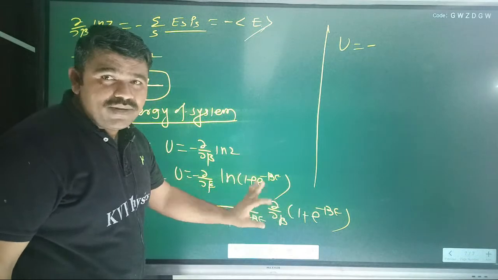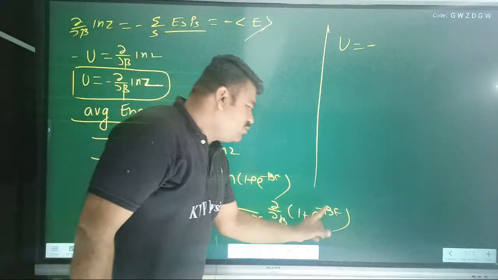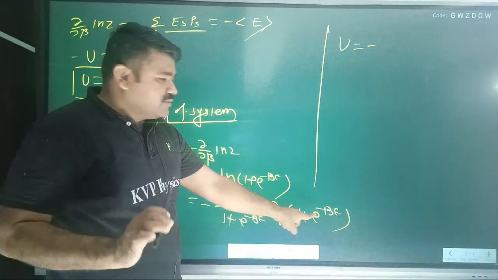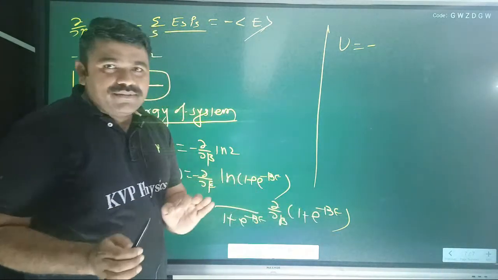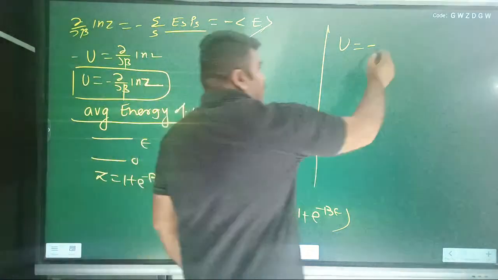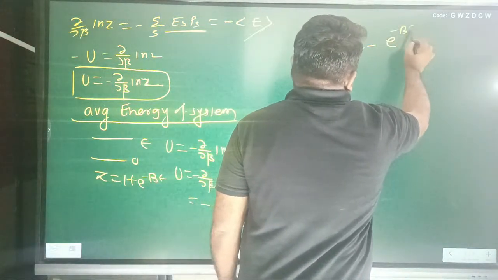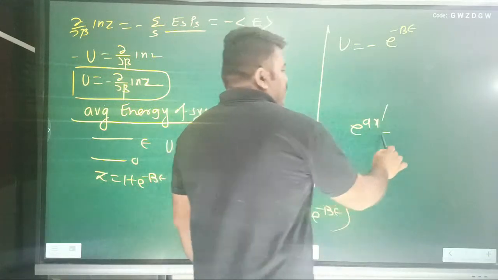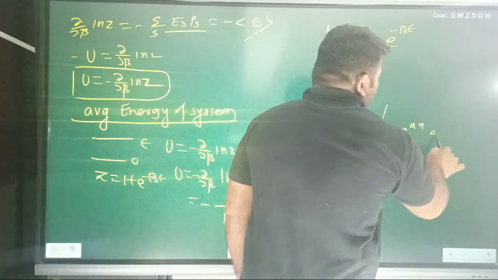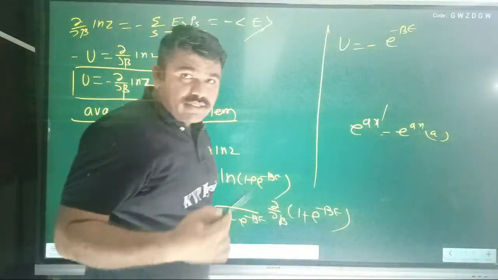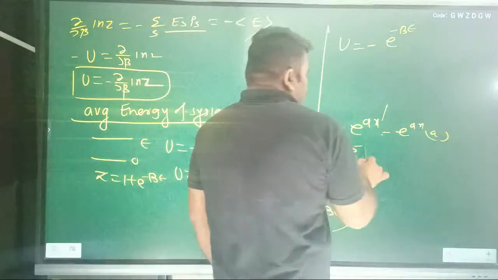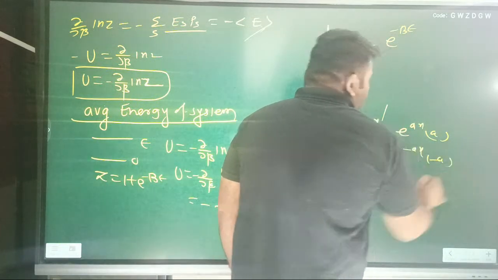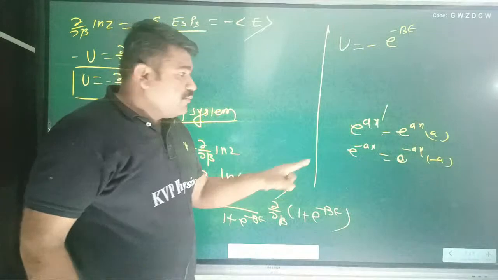Next, e to the power minus beta epsilon: here beta is present, so the derivative is not 0. The derivative of e to the power x is e to the power x, and the derivative of e to the power minus x is e to the power minus x into minus 1. We know these derivatives.